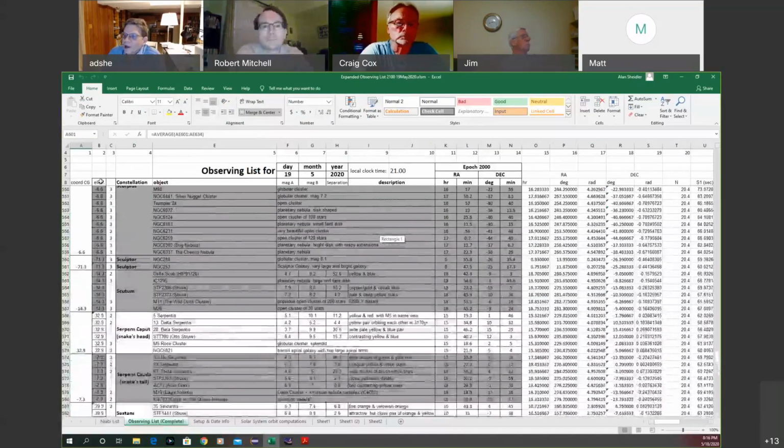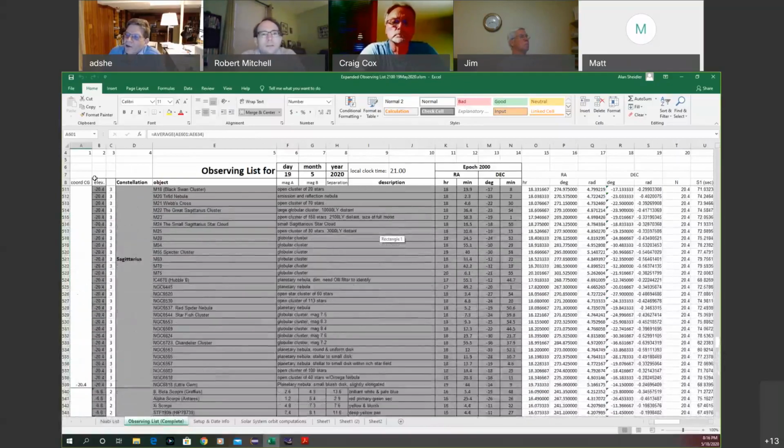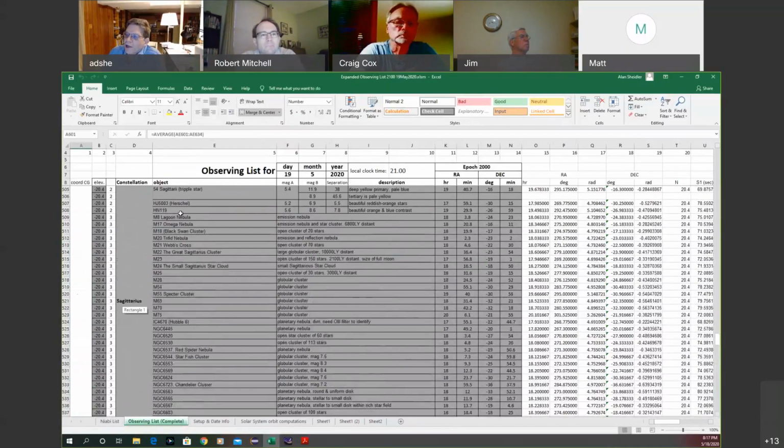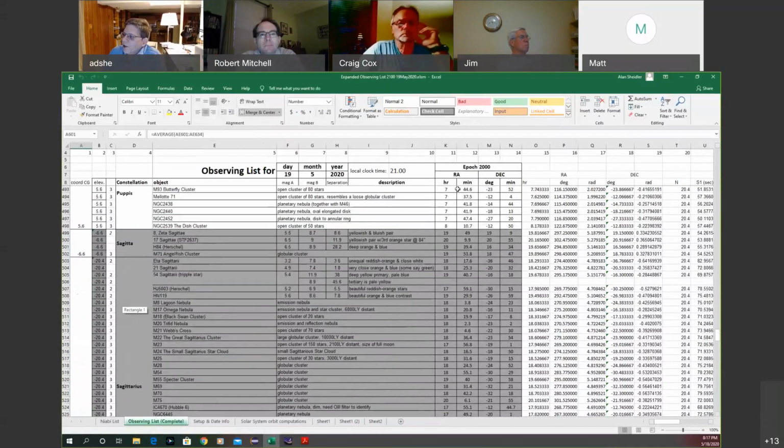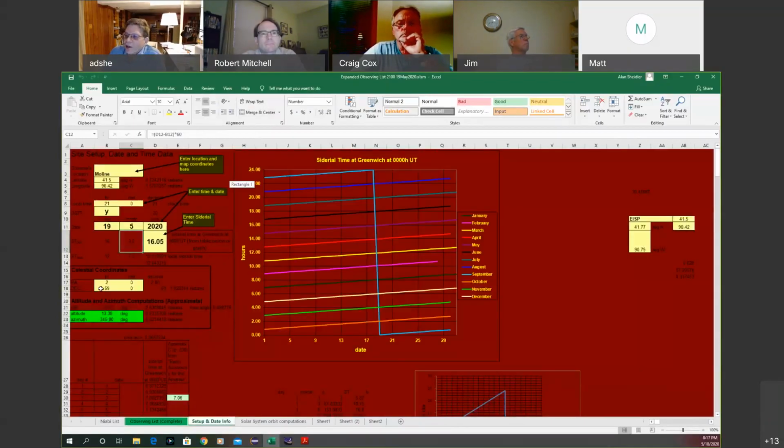I've got everything listed by constellation and the object name and a description and the coordinates of it, right ascension and declination. Basically the way this works is I put in the position on the Earth's surface. I just had this set up for Moline, but I could set it up for any place.